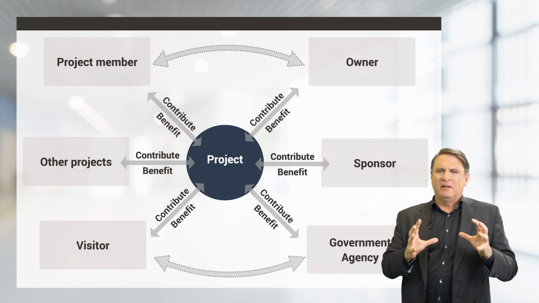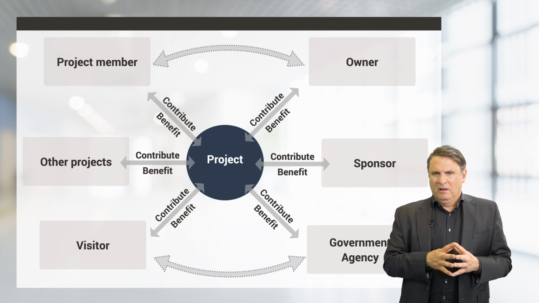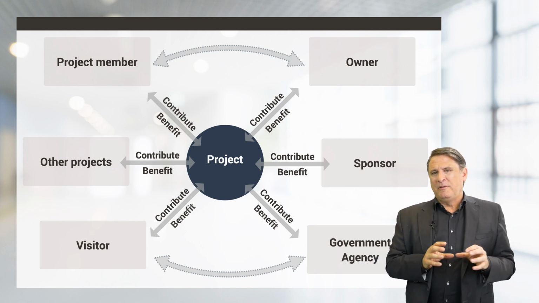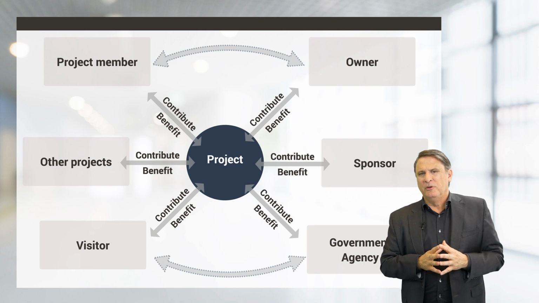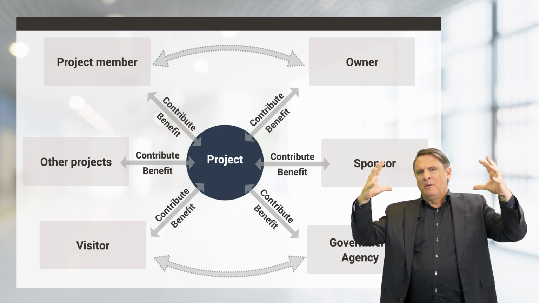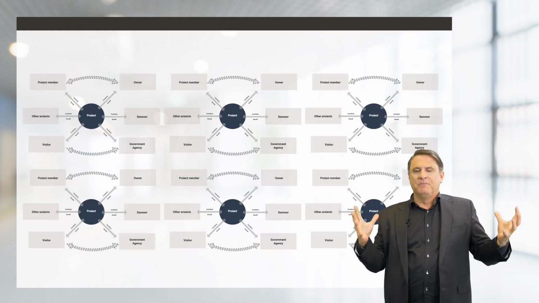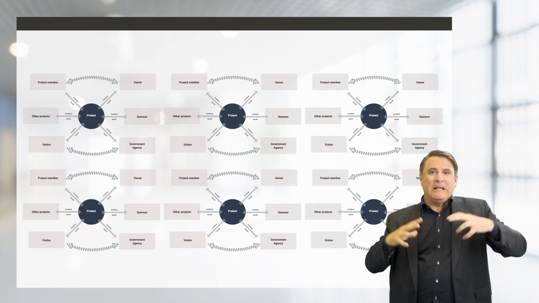Keep in mind that if you're involved in a very large project, there could be a number of different stakeholder models that you use. One at the highest level of the project, but then you could break it down into smaller stakeholder models. For example, if you think about organizing a big event, like a giant rock concert, you might have one big stakeholder model for the whole concert, the whole event.